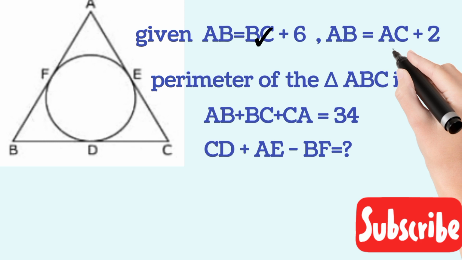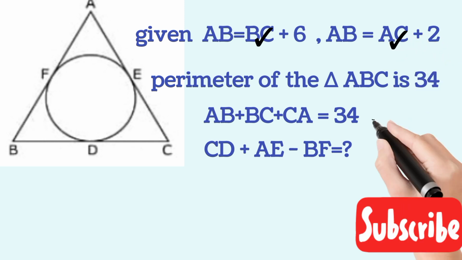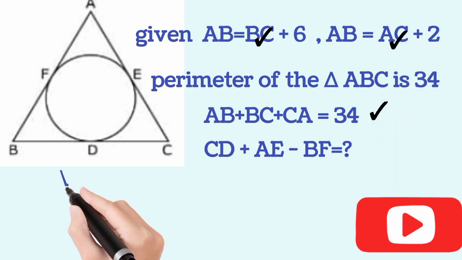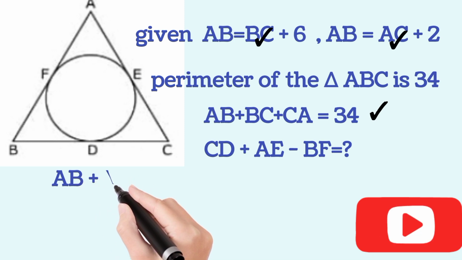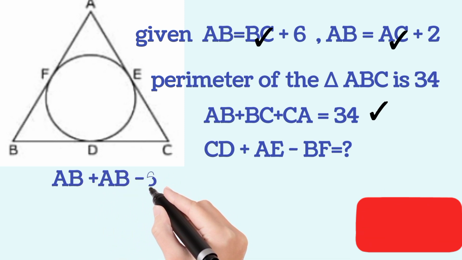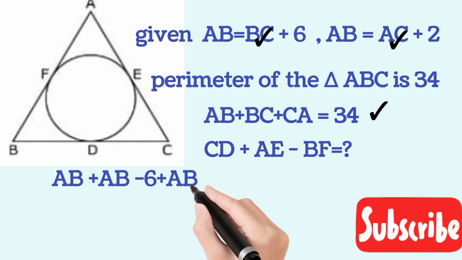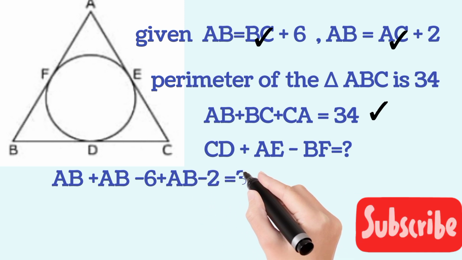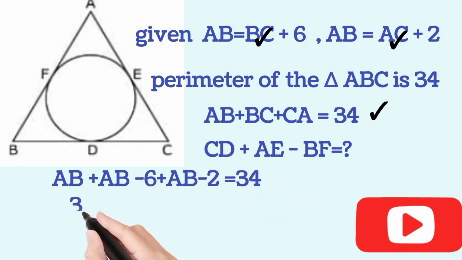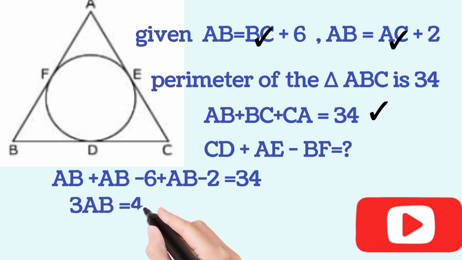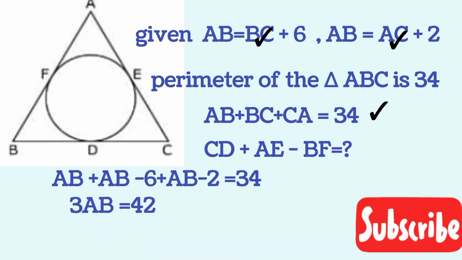Now substituting the value of BC and AC from these equations into this equation, we will get AB plus (AB minus 6) plus (AB minus 2) is equal to 34, or 3AB is equal to 42. This will give AB is equal to 14.